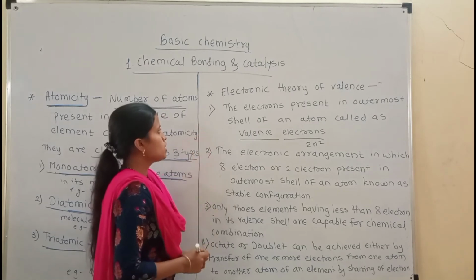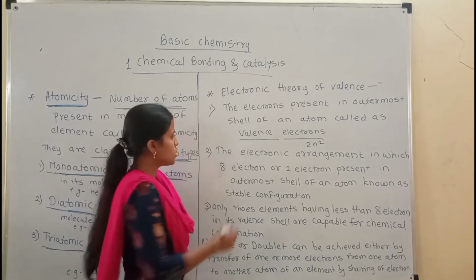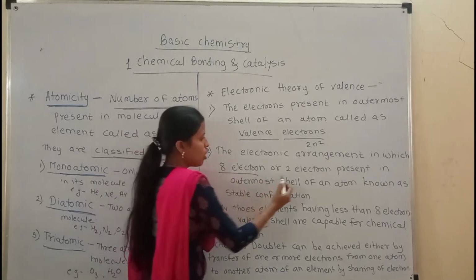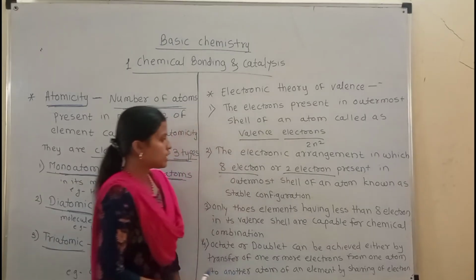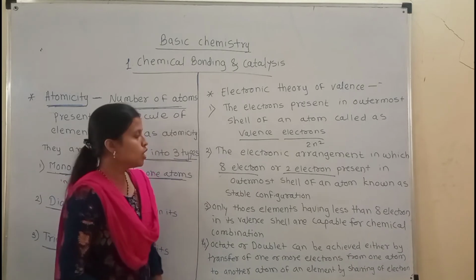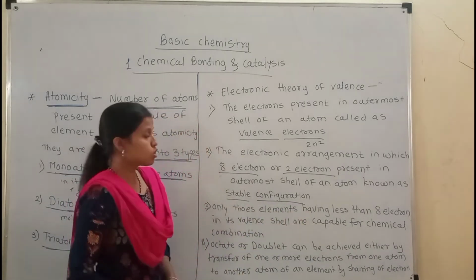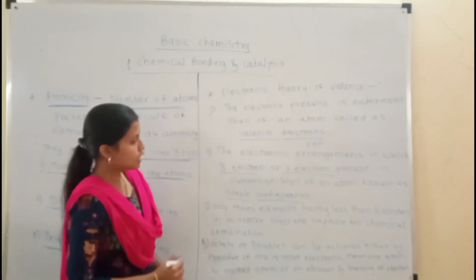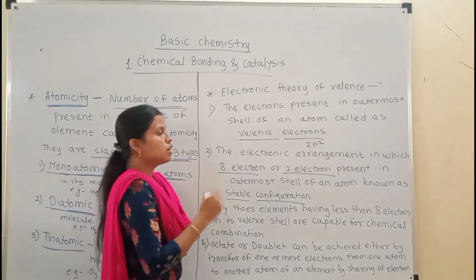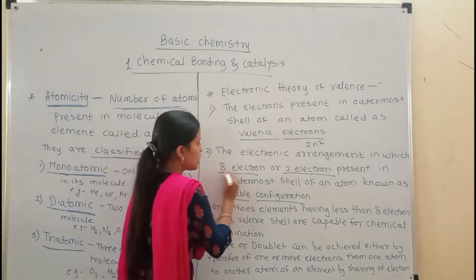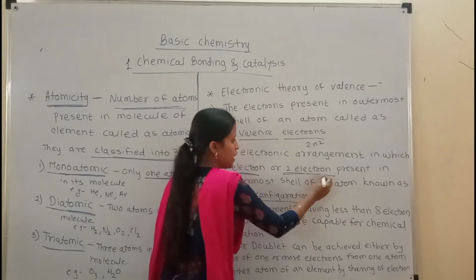Then we discussed the next point of this theory. The second point is the electronic arrangement in which 8 electrons or 2 electrons present in the outermost shell of an atom show a stable configuration. When will a stable configuration be formed? It is formed when the element has an outermost shell containing 8 electrons or 2 electrons.